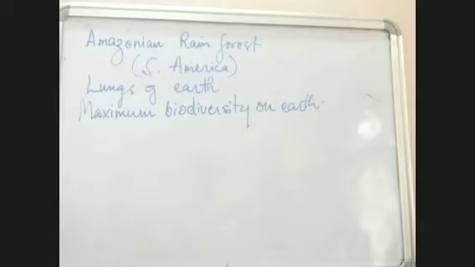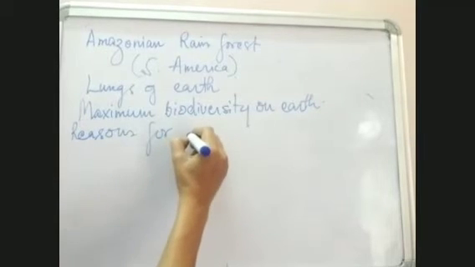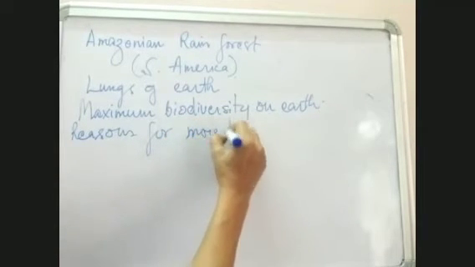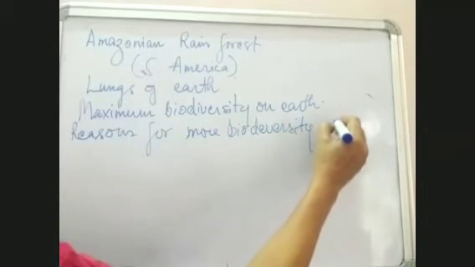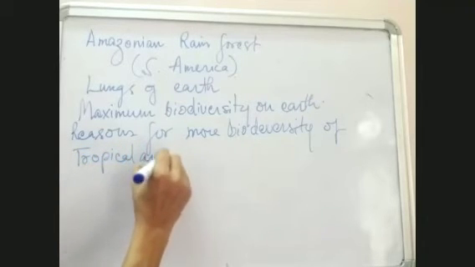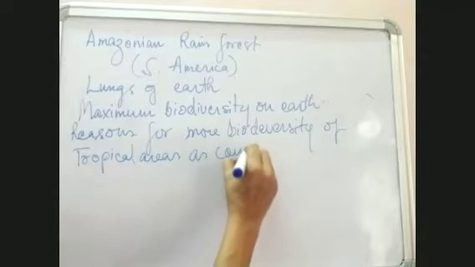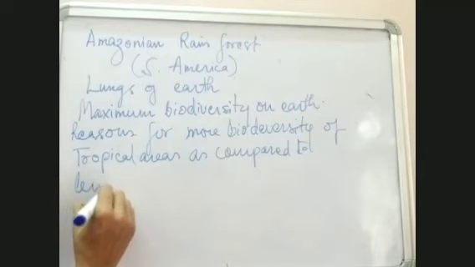Now, children, is there some reason that the tropical regions have more biodiversity as compared to the temperate regions? So, reasons for more biodiversity of tropical areas as compared to temperate areas.